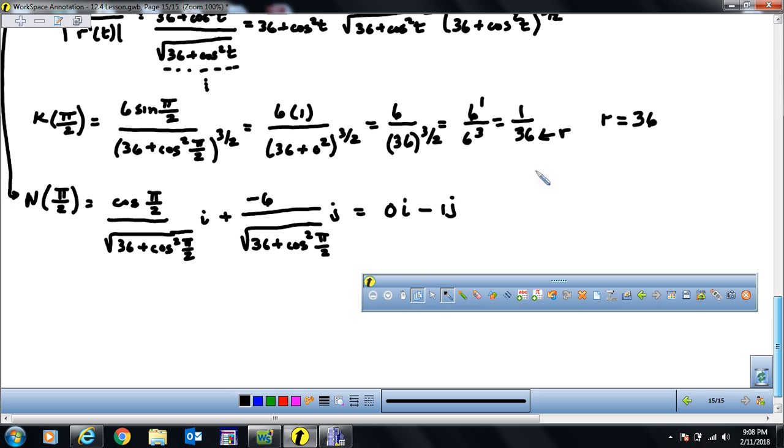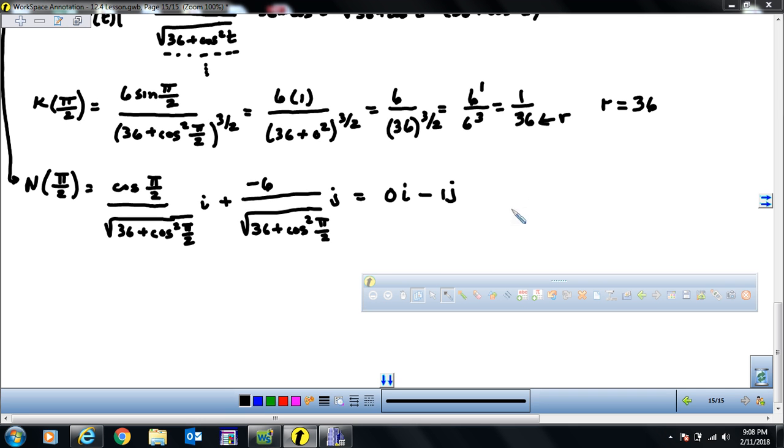But in order to see how far it goes, we need to multiply times its magnitude. In that magnitude, we're talking about the radius. Times the magnitude of the radius, because we want to know how far it is going to go towards the center of the circle. So if I multiply that normal vector times the radius, it's going to be 36 times that normal vector at t equals pi over 2.